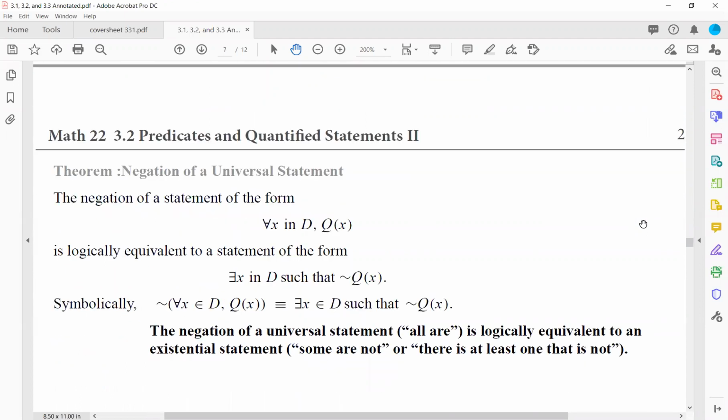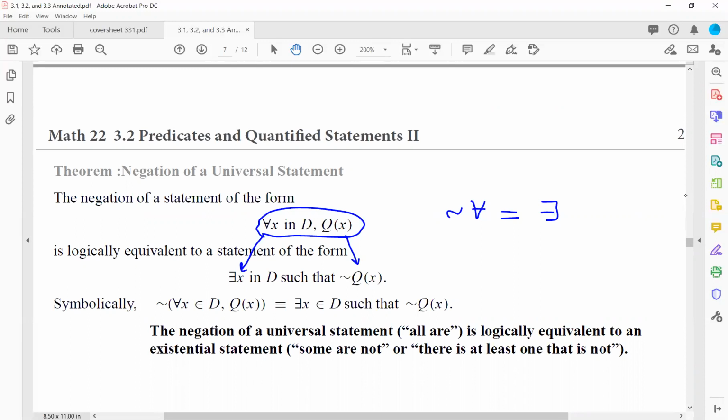The negation of universal statement, also the negation of existential statement. How do we negate these? So suppose you have a universal statement for any x in domain D, Qx. The negation of this statement: the negation of for all is there exists, such that the negation of your original statement.